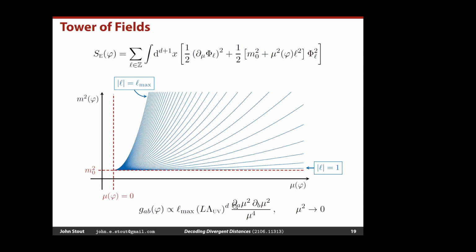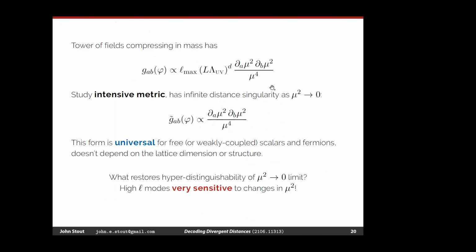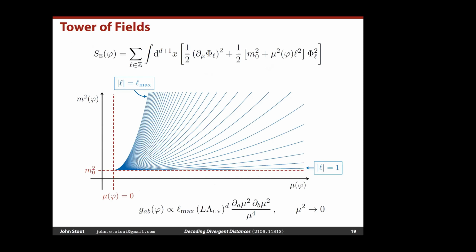But the intensive metric, the thing where I strip off the number of degrees of freedom, has this infinite distance singularity. And this form of the metric is universal for free or weakly coupled scalars and fermions. It doesn't really depend on the dimension of the lattice or anything. It just depends on the fact that I have an infinite number of things compressing in mass.